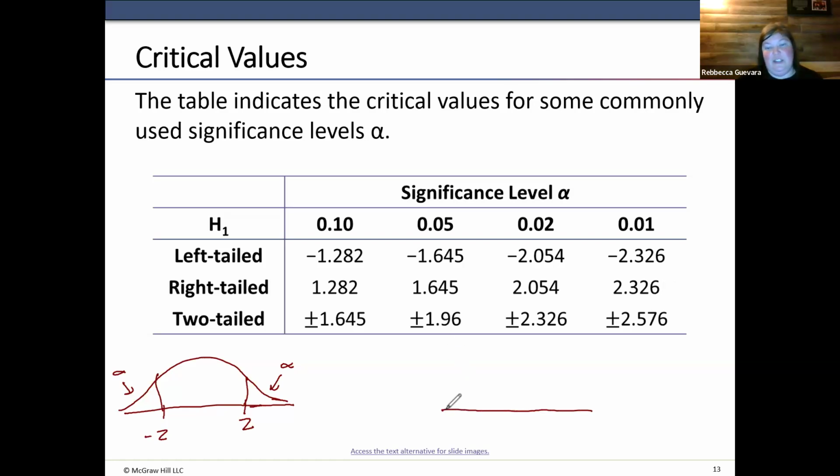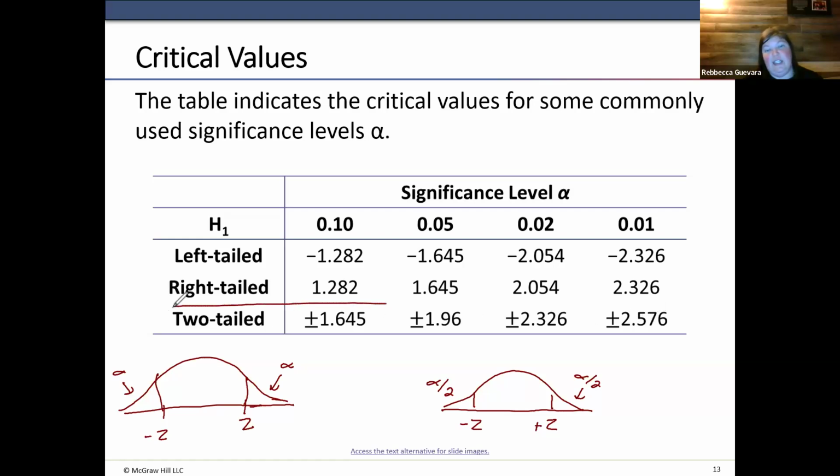Now, when we talk about a two-tail test, we're getting half of that alpha in both tails. So we're still going to get a z-score, but we're going to have to look at a positive and a negative z-score. So for a two-tail test, 10% is going to be plus or minus 1.645. 5% is plus or minus 1.96. 2% is going to be plus or minus 2.326, and 1% is going to be plus or minus 2.576.